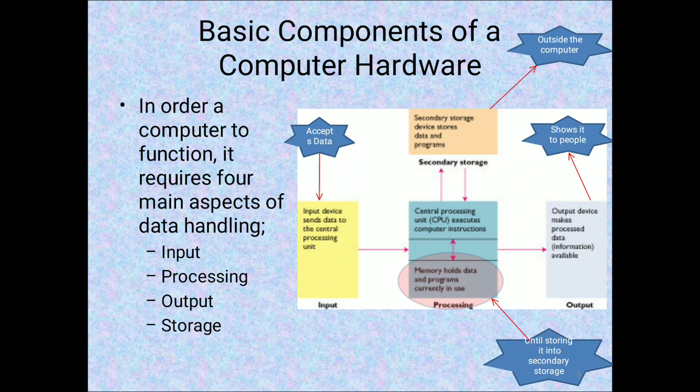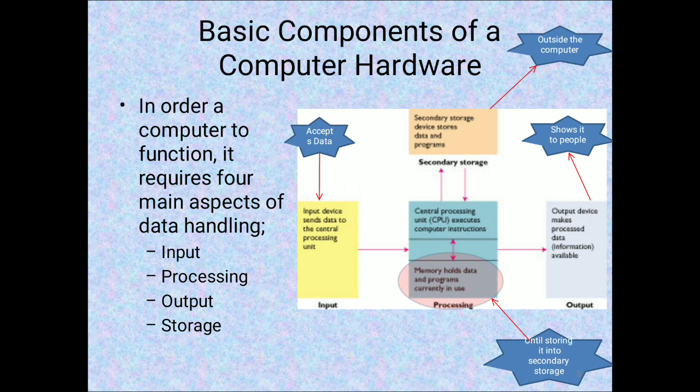Now come to the basic components of computer hardware. In order for a computer to function, it requires four main aspects of data handling: input, process, output, and storage. This is called the IPO cycle, input, process, output cycle.